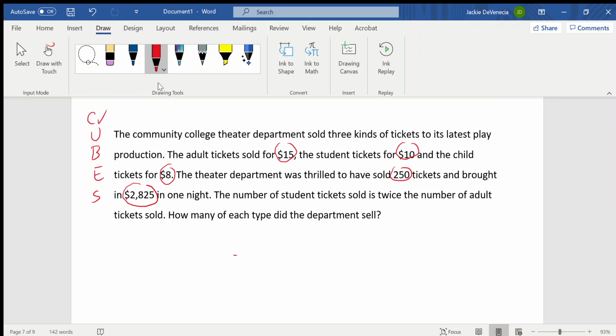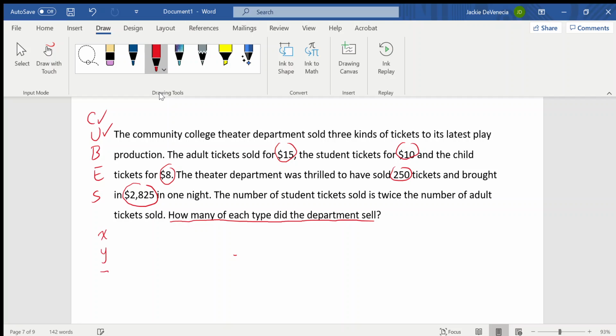Okay, so in this problem, we're trying to answer this question: how many of each type of ticket the department sold? So we don't need to know the cost of the tickets because they already gave us those. But we just need to know the number of tickets sold. So we can start by making variables.